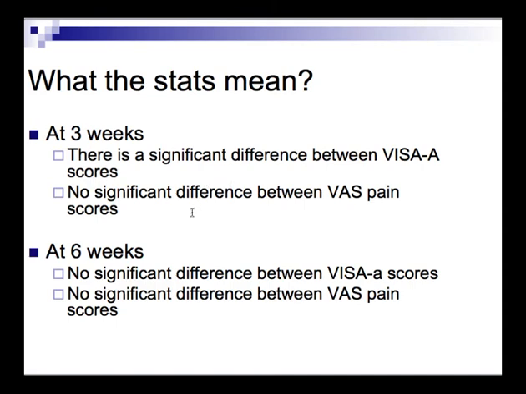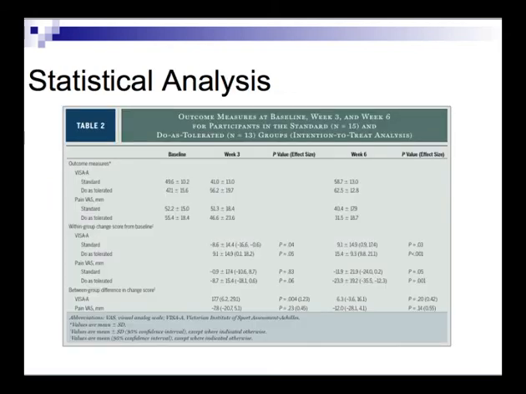Essentially what we need to do is use the MCID. We know that for the VISA-A, the MCID is equal to 15 points.